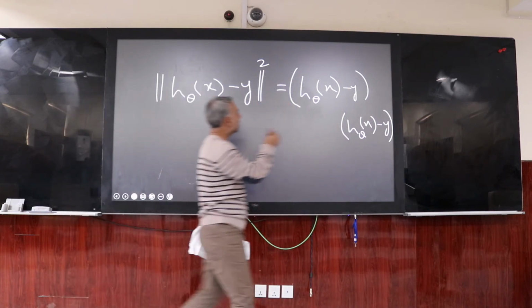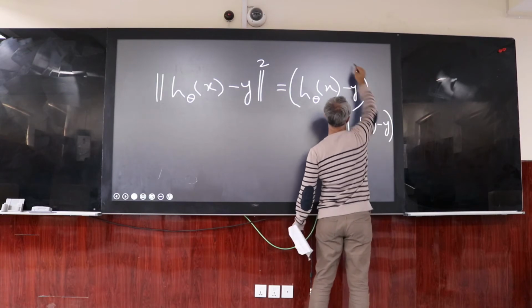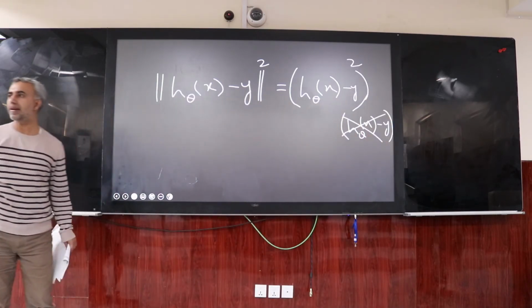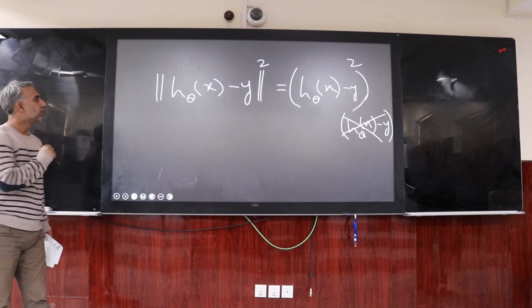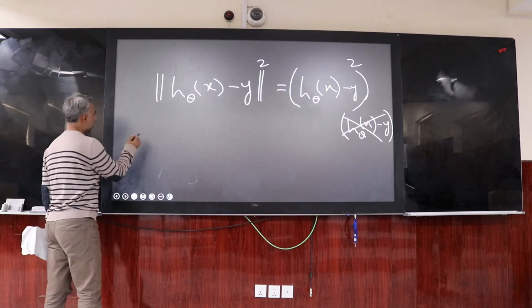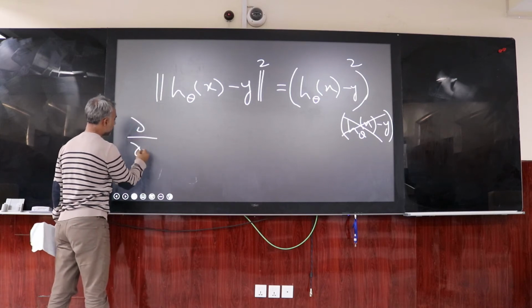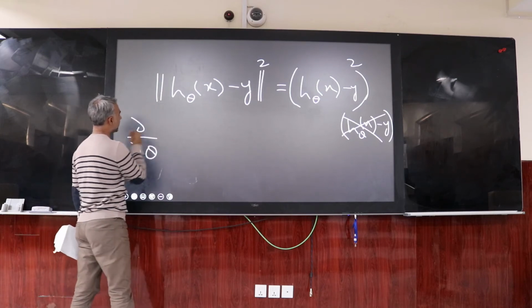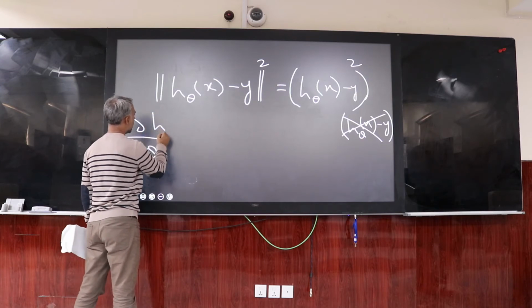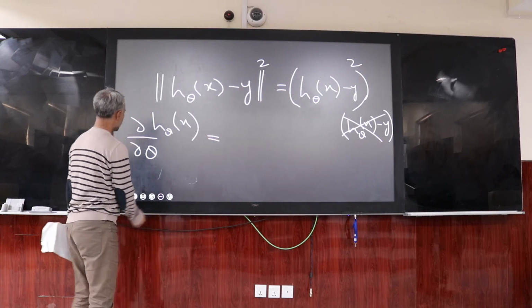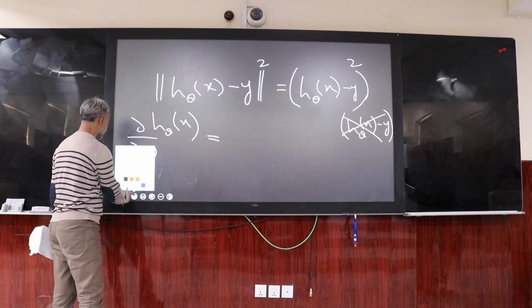Or we can also write this square if we just consider the one, okay? Same thing. Okay, let me apply partial derivative on it with respect to theta, the weight parameter theta. So here our hypothesis, okay? Or you can say this one is the cost function.